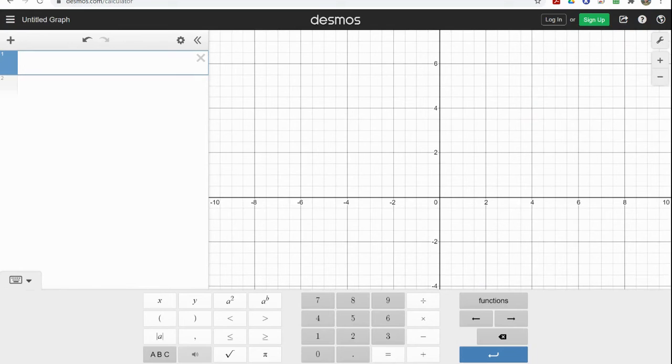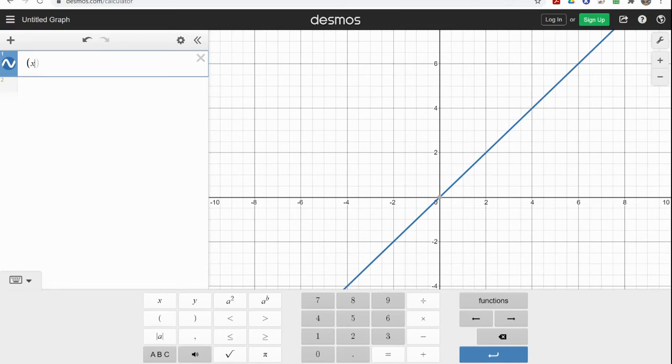We want a third root. I wonder if it'll let me do that. It won't, but there's a workaround. Recall that a root is also a fraction exponent, so it would be to the 1/3 power.